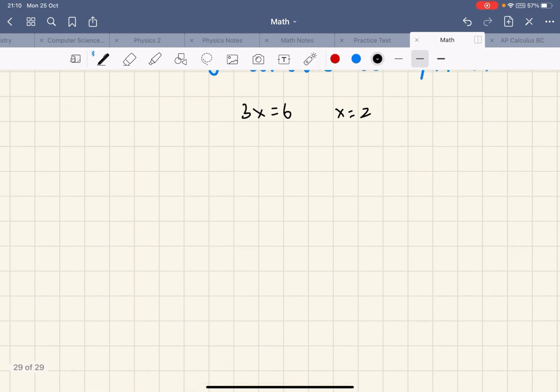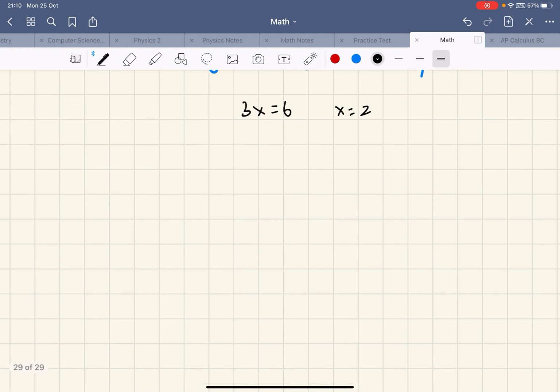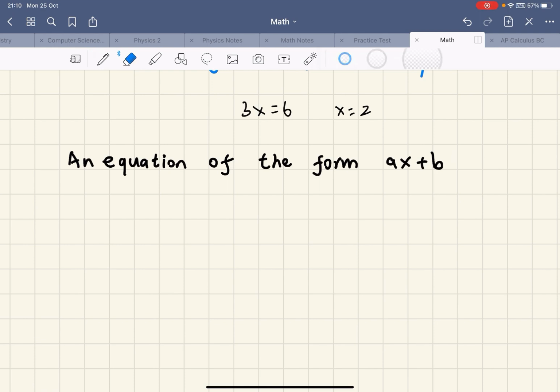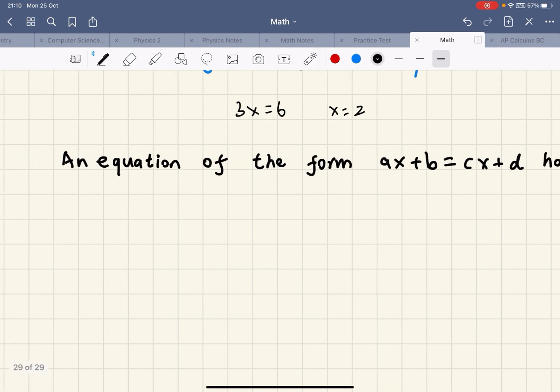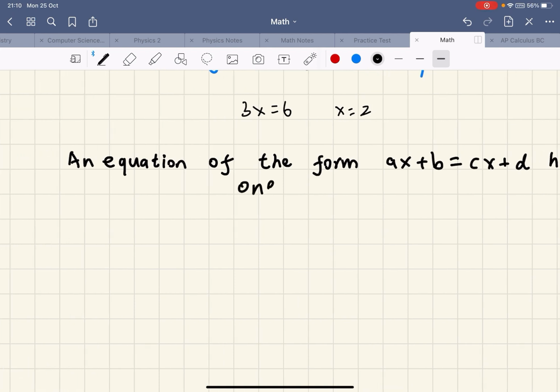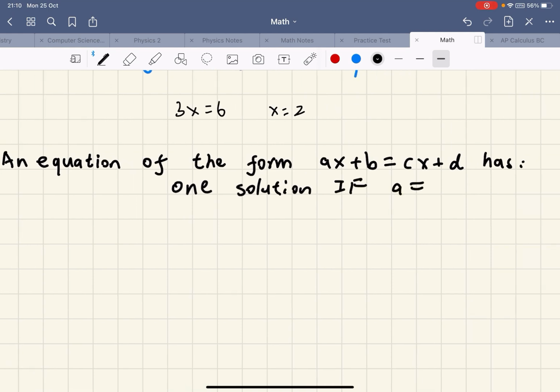An equation of the form ax plus b equals cx plus d will have one solution if a does not equal c.